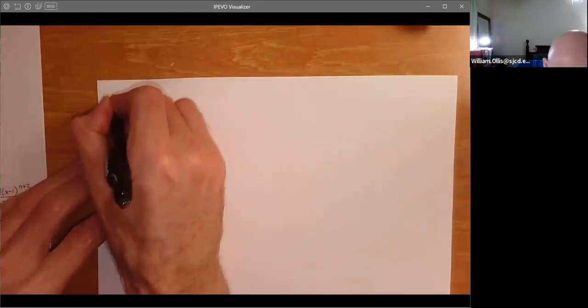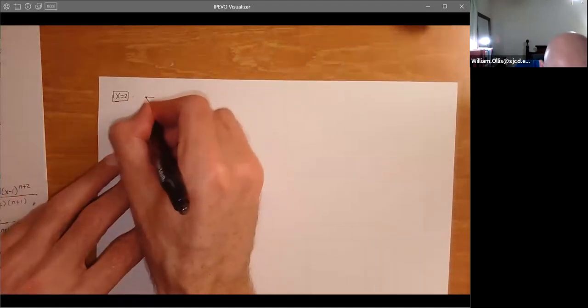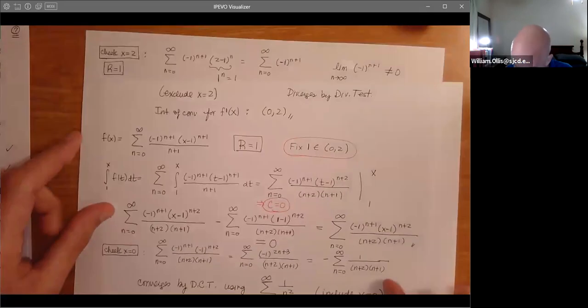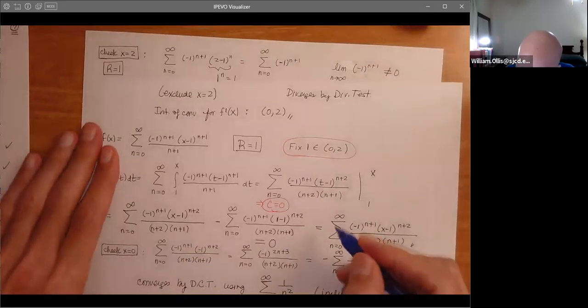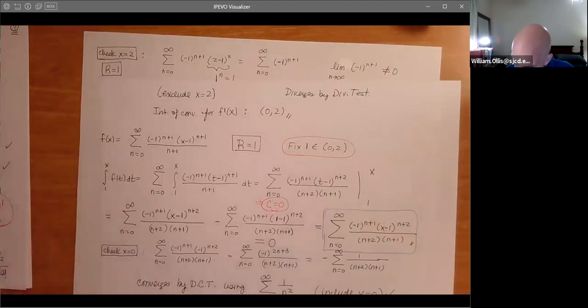And then x equals 2, let's go ahead and fill in x equals 2. So again, notice here, our series right here. So we'll fill in x equals 2.